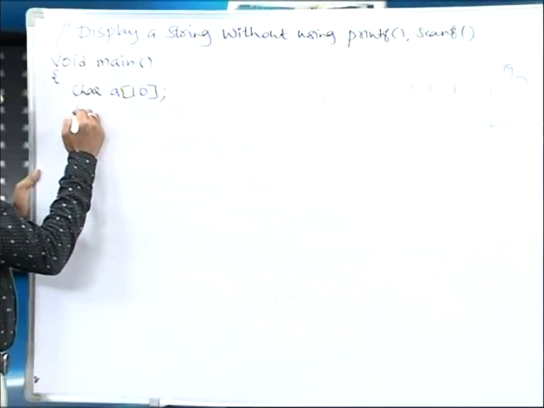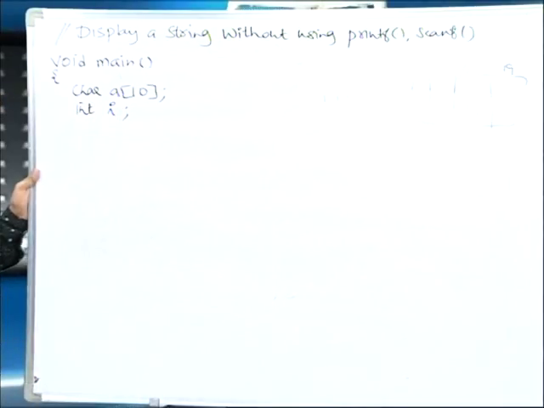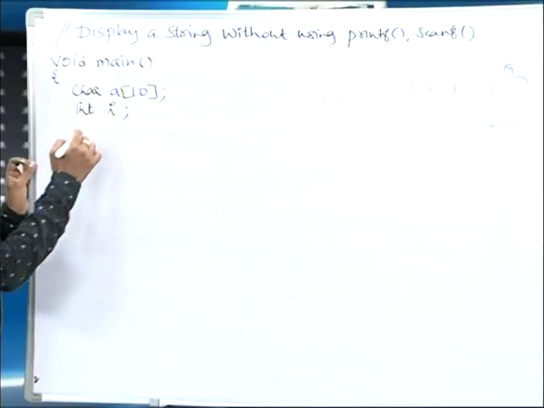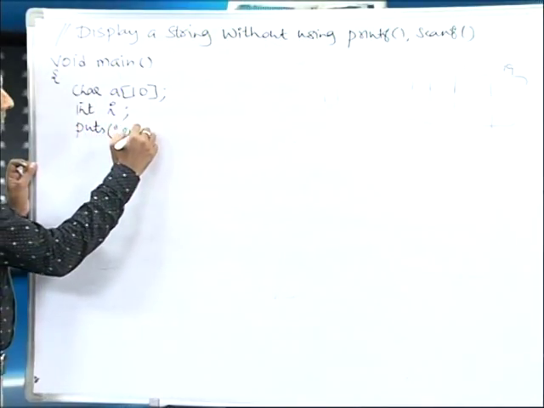For the index point of view, I am creating another variable, that is I. I am asking the user, puts enter any string.